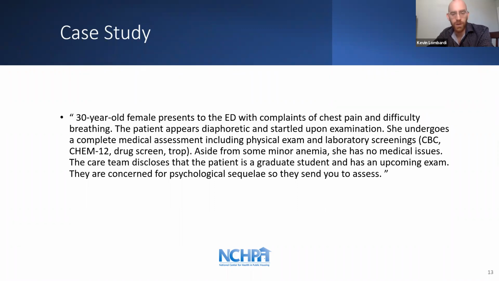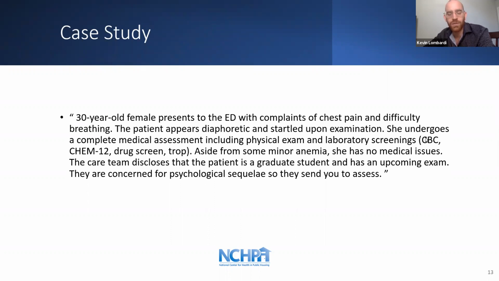So just to quickly read the case, a 30-year-old female presents to the ED with complaints of chest pain and difficulty breathing. The patient feels diaphoretic, they're pale, and startled upon examination. She undergoes a complete medical assessment, including physical exam and laboratory screenings, all the important stuff for this condition: CBC, Chem 12, drug screen, troponin, all are normal, aside from some minor anemia.